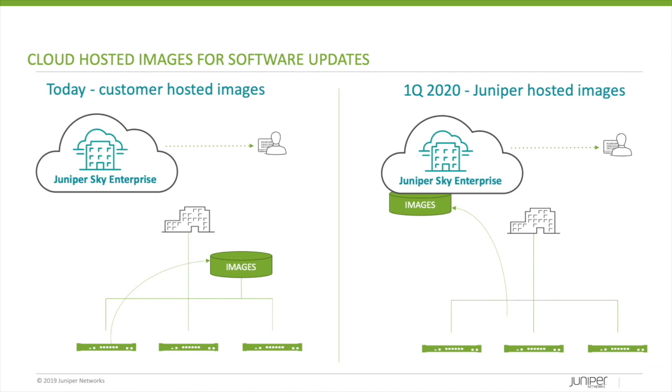That's great, you can do that today, but we're going to make it really simple. You can just pick the version that you want for your device, say the recommended release, and click update, and we will copy that image down to the device through our API connection. Means you don't have to worry about pre-downloading the image. So really looking forward to that.